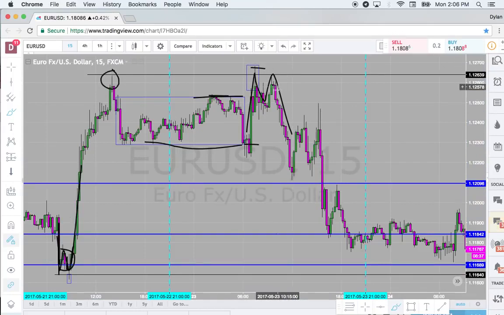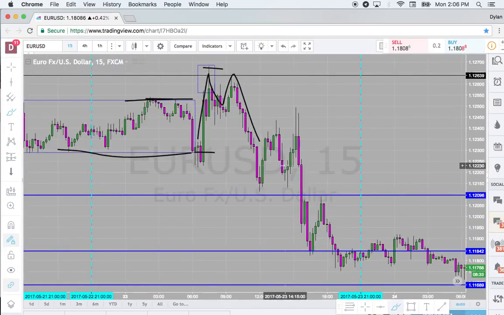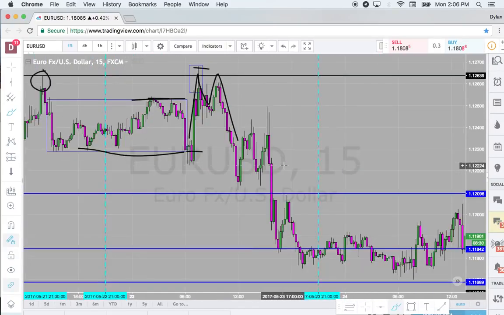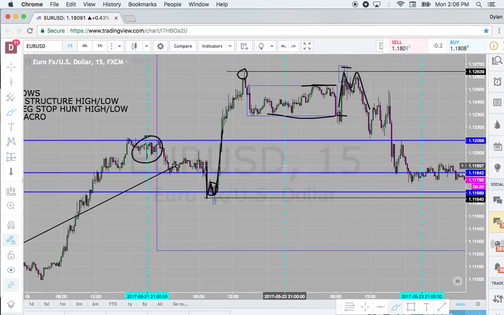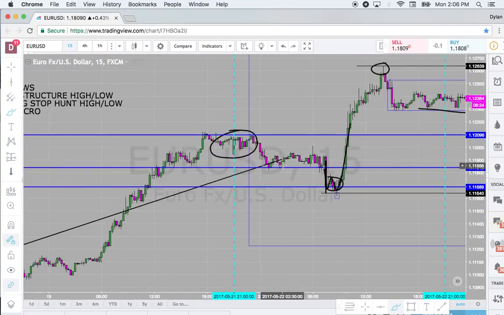So M's and W's, you guys, these are very, very powerful. Now, you will see M and W formations occur all the time, okay?